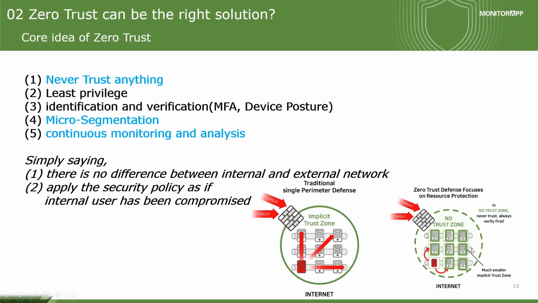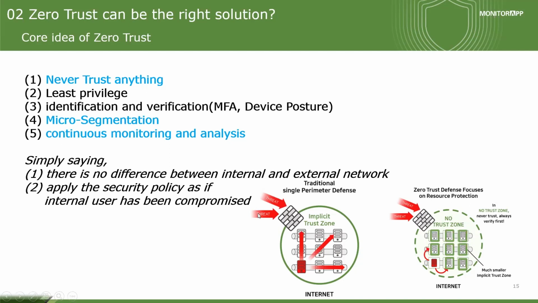But in the case of the Zero Trust defense model, even though the resource has been compromised, it's impossible to attack the other resources. So this is an example of micro-segmentation.